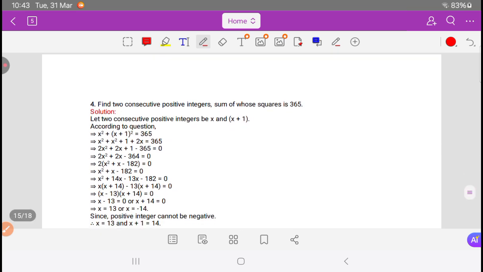Another question: two consecutive positive integers. Find the two consecutive positive integers, the sum of whose squares is 365. Consecutive numbers means x, then the second number should be x plus 1.